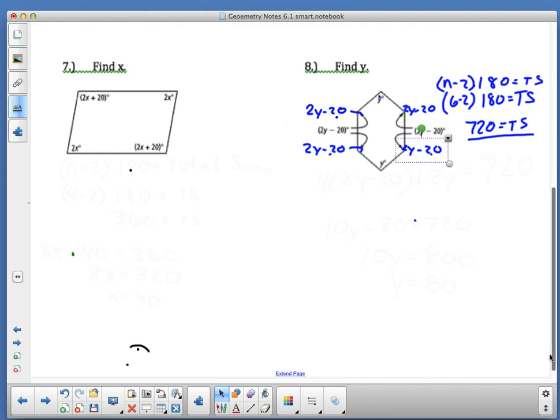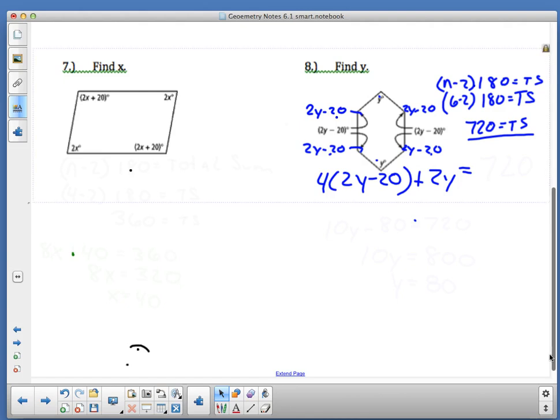There's 4 2y minus 20s and 2 y's, and I put that in as a setup. 4 times 2y minus 20 plus 2y equals 720. Because I know the total, I know the relationship of the interior angles, and now I get to solve for y. Your turn. Solve for y. Get it done. You're in algebra land. This is what we always hope for.